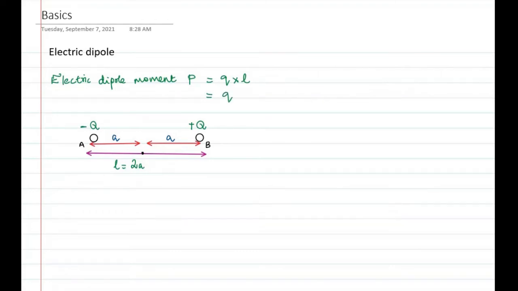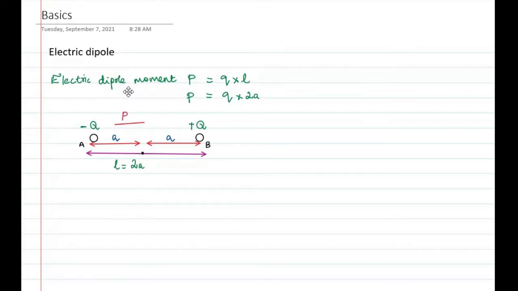L is equal to 2a, so Q into 2a is the magnitude of the dipole moment. And the direction of this dipole moment is from the negative charge to the positive charge.